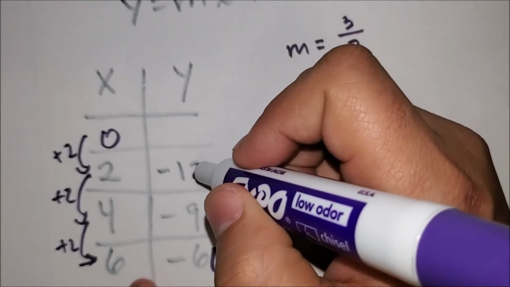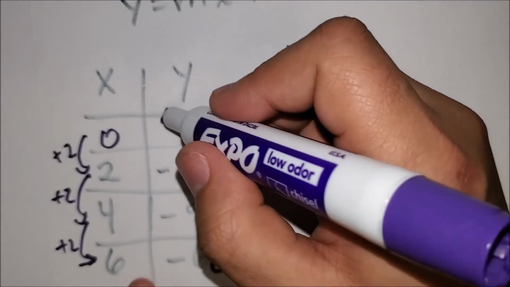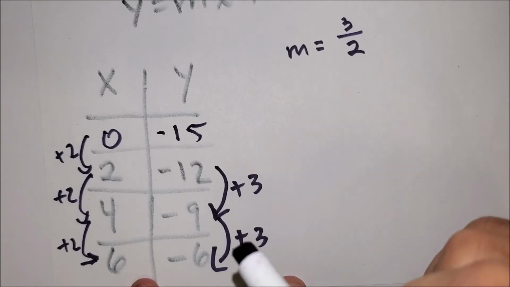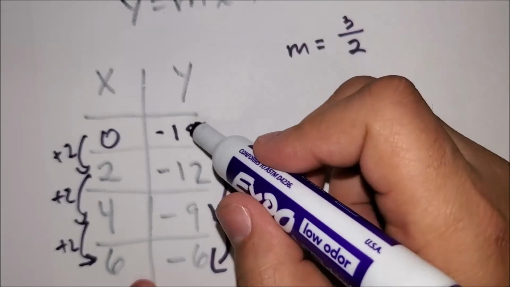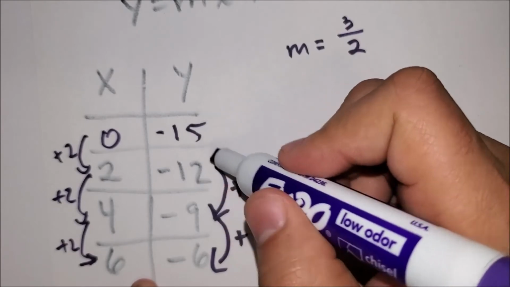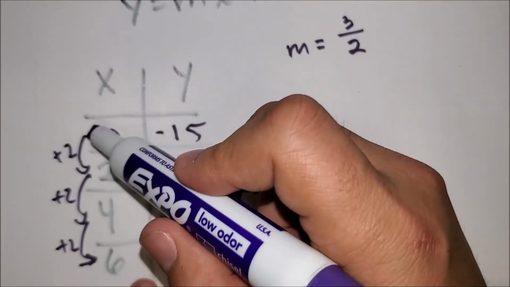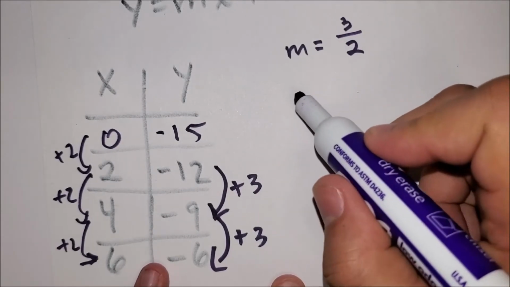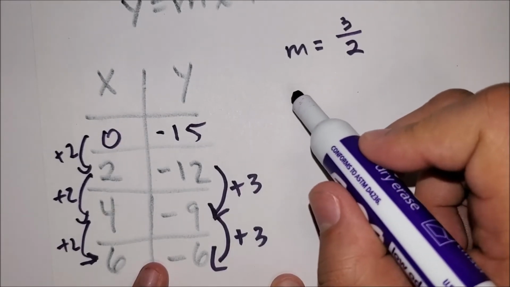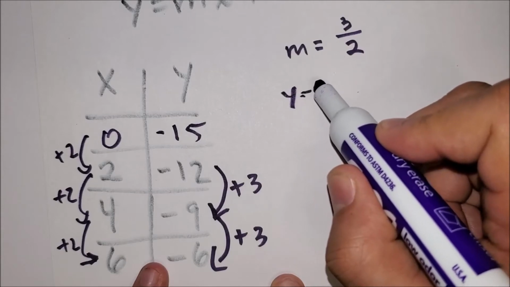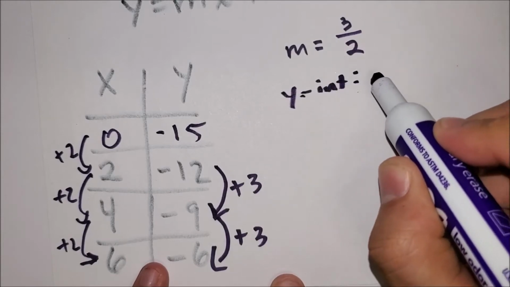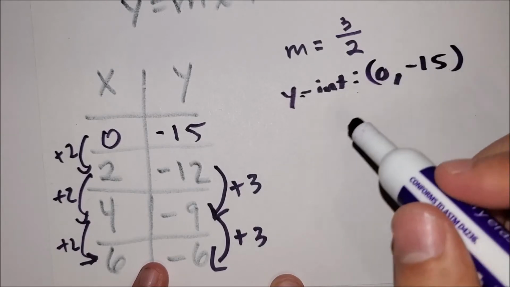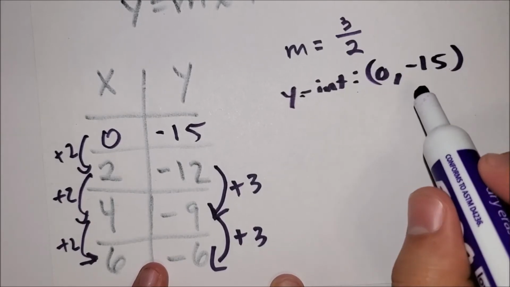So if we took 3 away from here, we'd actually get to -15. And so from -15 to -12 is a jump of 3, just like this was a jump of 2 here. So we would be able to say that our y-intercept happens at (0, -15). So b equals -15.